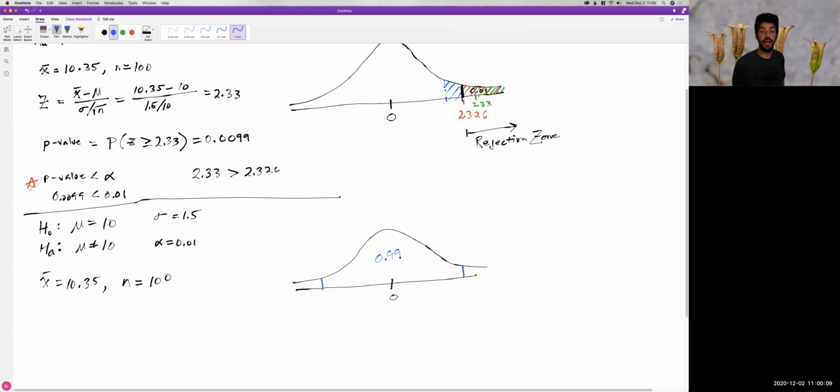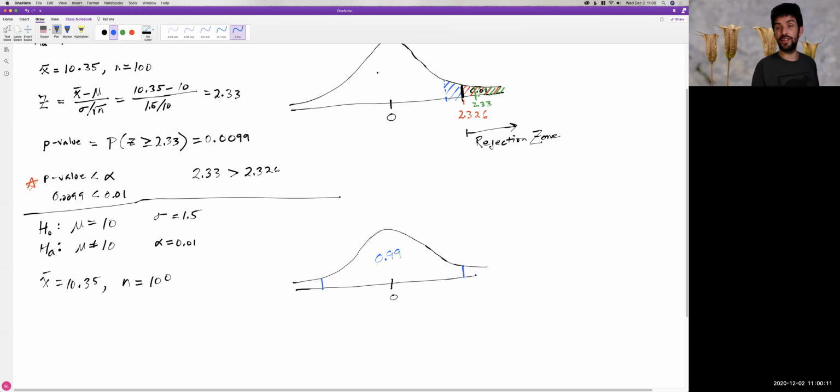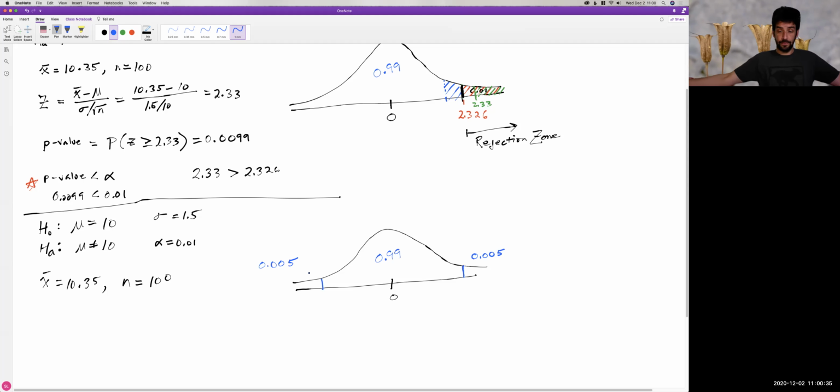There's going to be 0.99 between, just like up here. I didn't write this in, but we had 0.01 above, which means there's 0.99 below. Now we're doing between. Well, what does that mean? On the outsides, that means the area in this upper tail is 0.005 and the same in the lower tail, right? So it's that 0.01 area, but split in two.